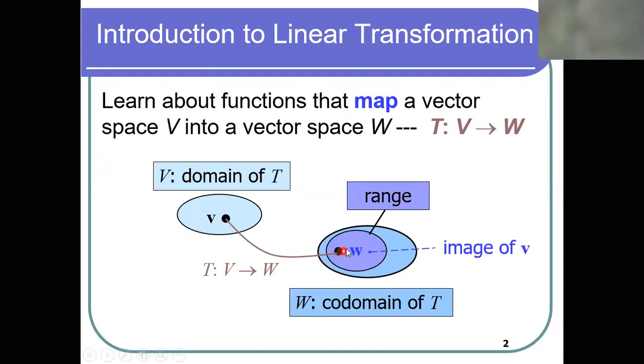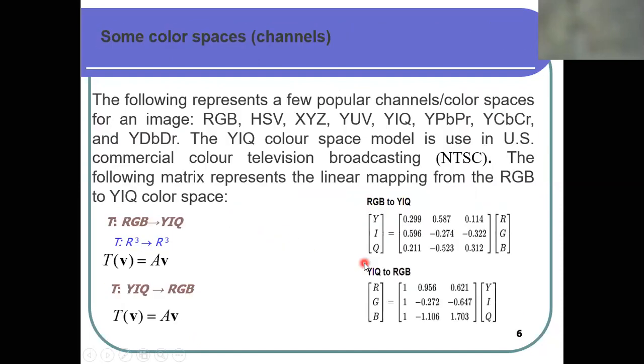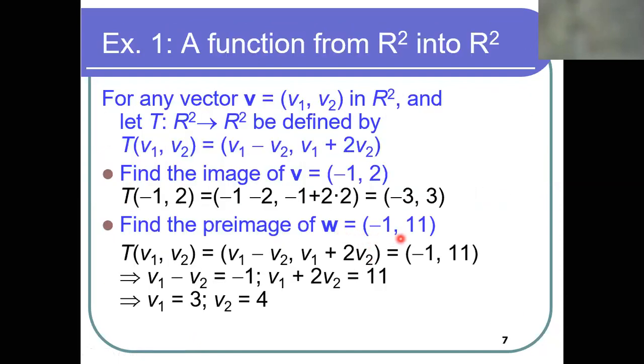In that example, you are given the values of W, and you want to calculate under what condition I get these values, that is, what will be the values of V if I have the value of W. You can see over here in this example, we have values of W. We have to calculate this pre-image, that is, what will be the values in the domain that give us these values in the codomain. So these are V1 and V2, which are equivalent to 3 and 4.